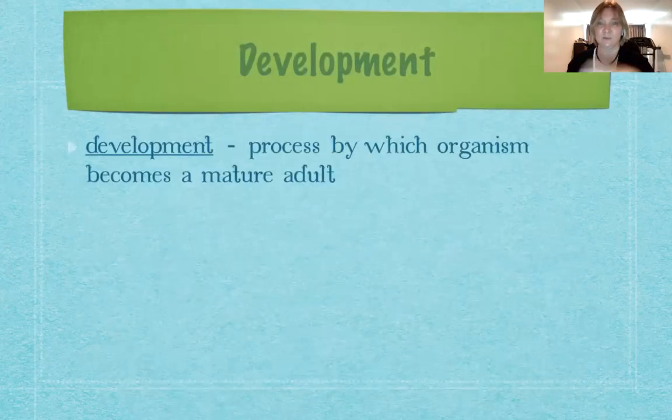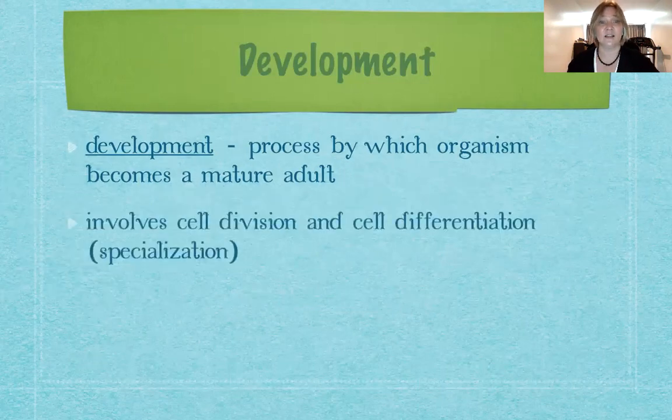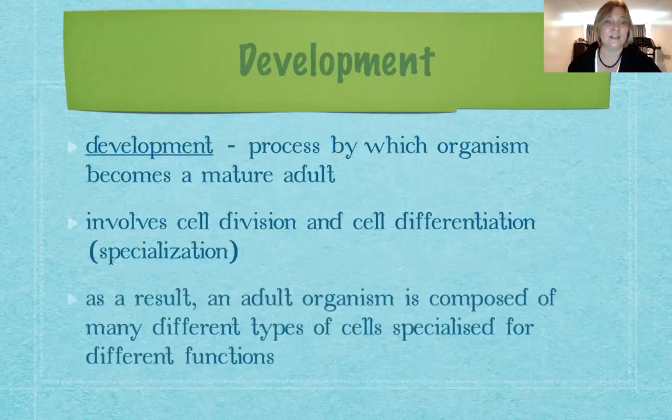So let's go through what development is. This is a process by which an organism becomes a mature adult. It involves cell division and cell differentiation, where cells become specialized. As a result, an adult organism is composed of many different types of cells specialized for different functions.